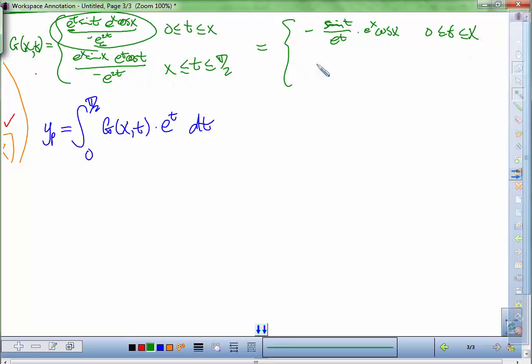If I do the same thing here, I'm going to be able to cancel out one of those, and I have e to the x sine x, which is a constant with respect to t inside of that integral, and I'll have a negative sign also, and then cosine t over e to the t. This goes from x to pi over 2.